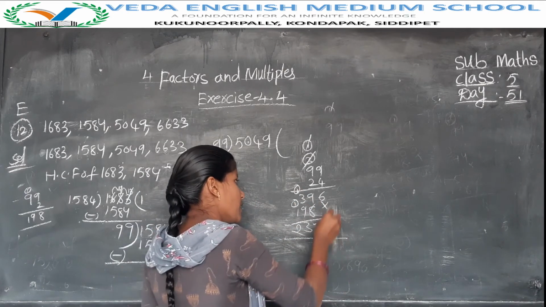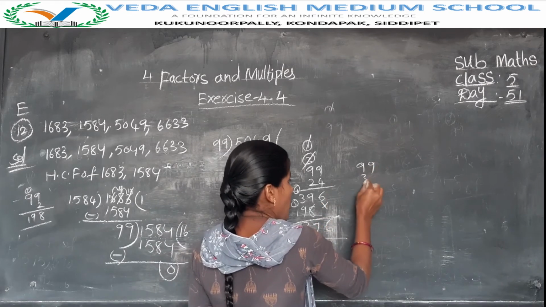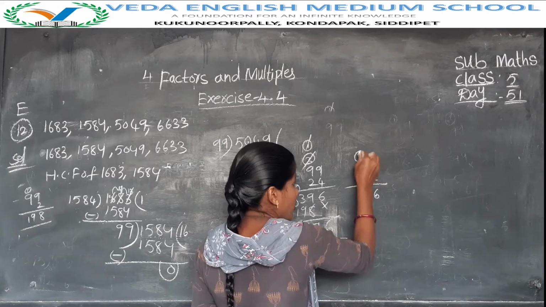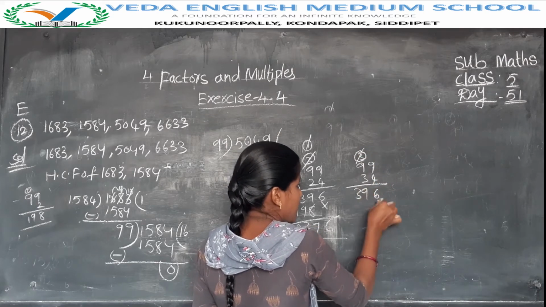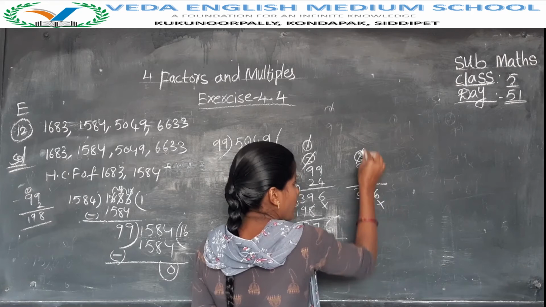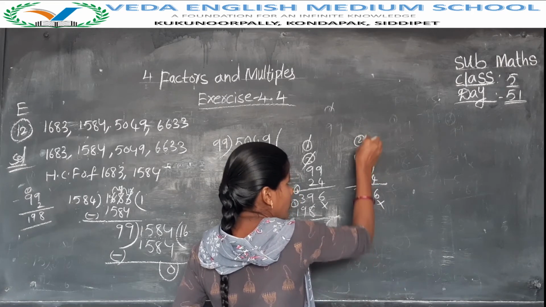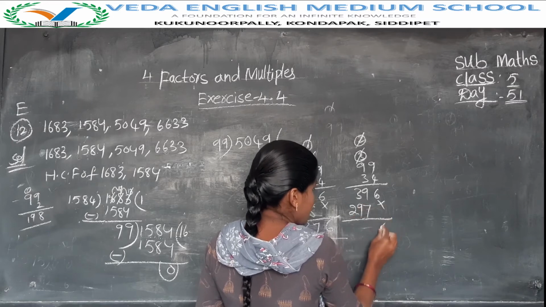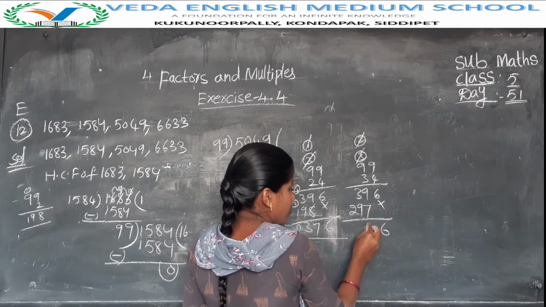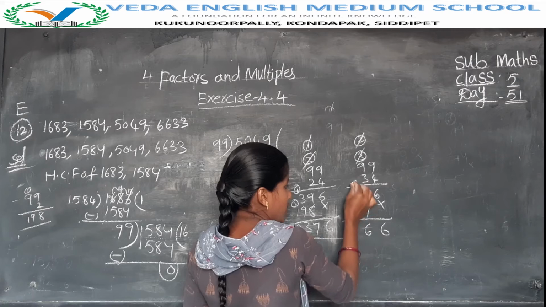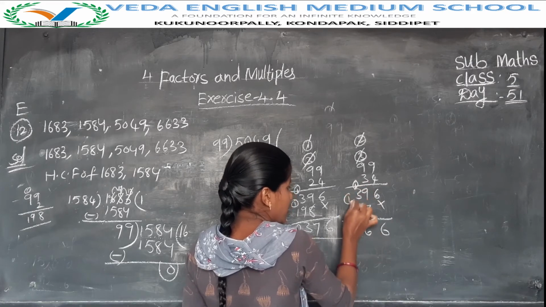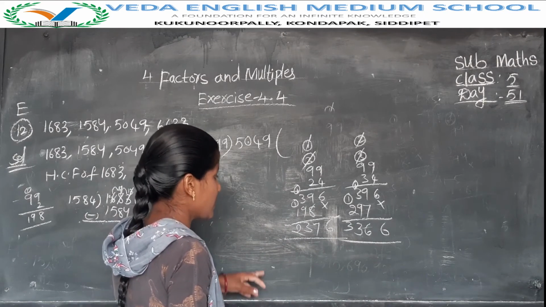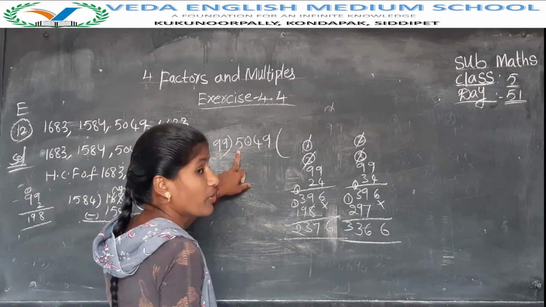So 99 34 we will take. 4 9s are 36, 36 plus 3 39, 3 9s are 27, 27 plus 2 29, 6, 7 plus 7 15 16, 9 plus 1 10, 10 plus 3 13, 3366. Actually we need more, 5000.